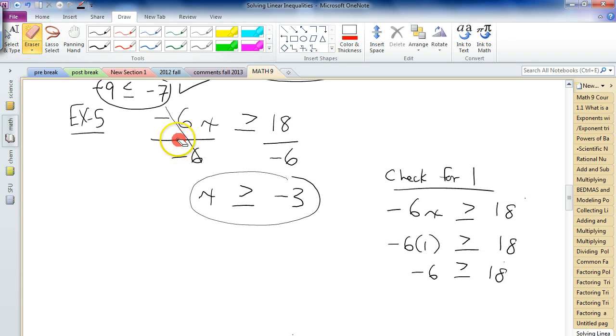Whenever you divide or multiply by a negative number in an inequality, something weird happens.